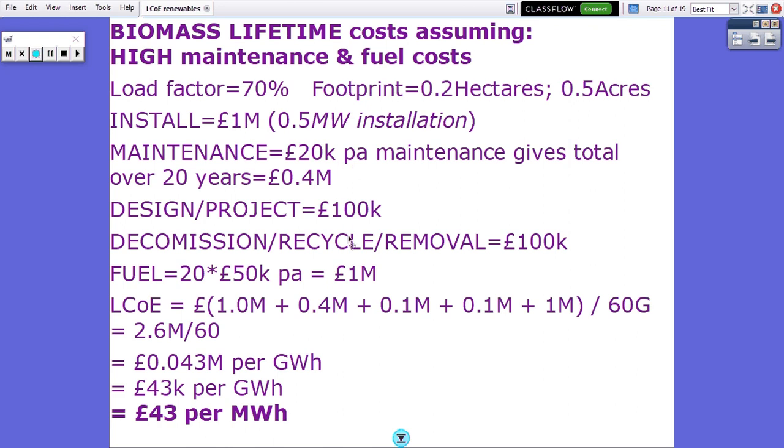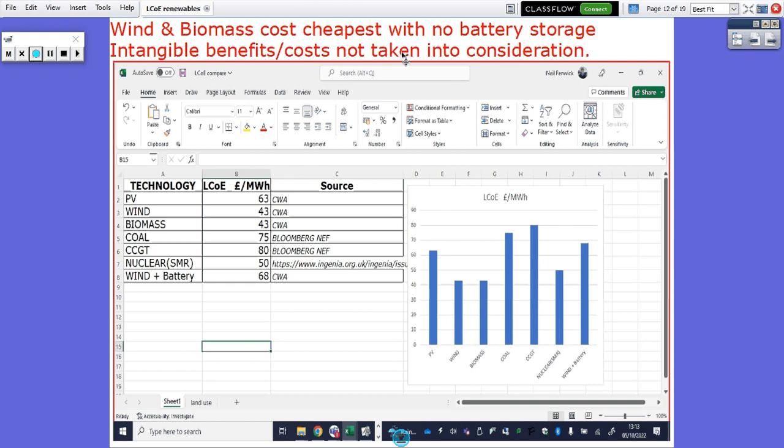Maintenance, design, project costs, fuel costs is critical to biomass. That's been estimated at £1 million over 20 years. If you do the calculations based on these estimates, it comes out to be £43 per megawatt hour over that lifetime. I would accentuate that these are estimated figures.